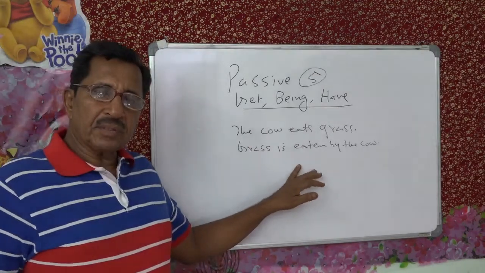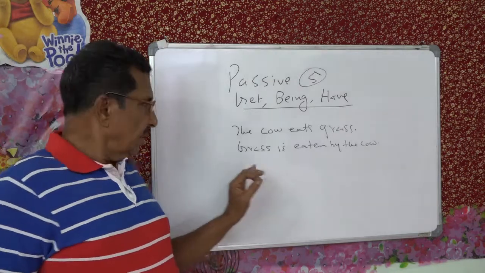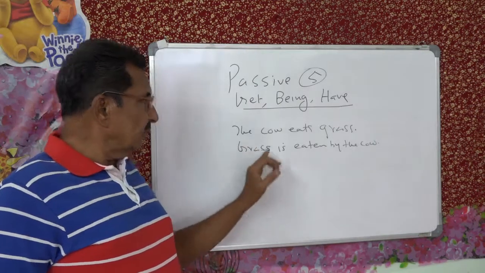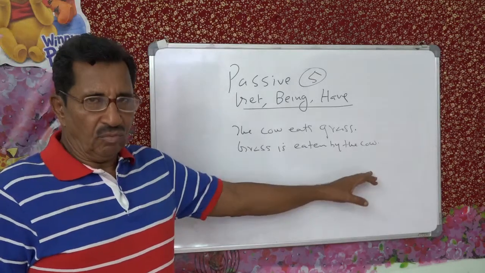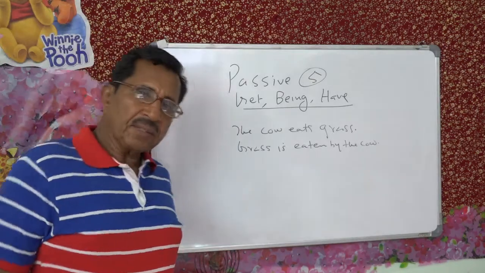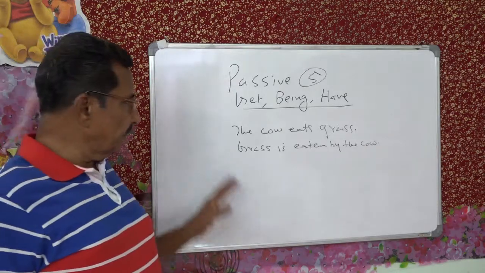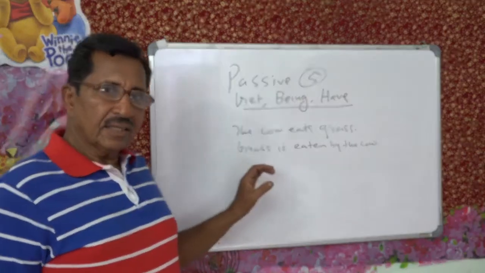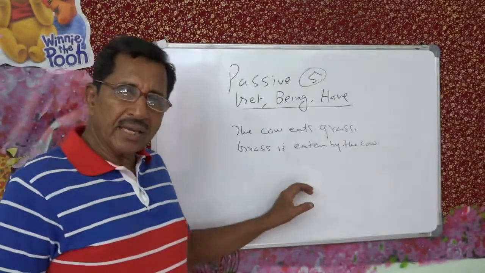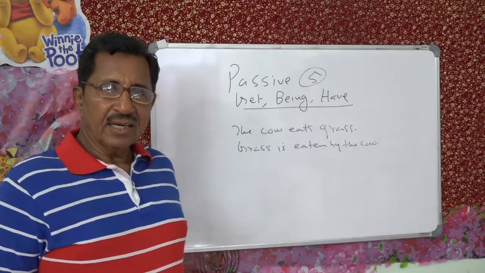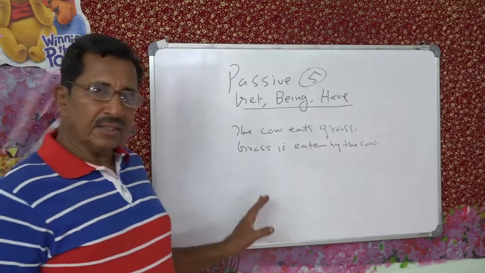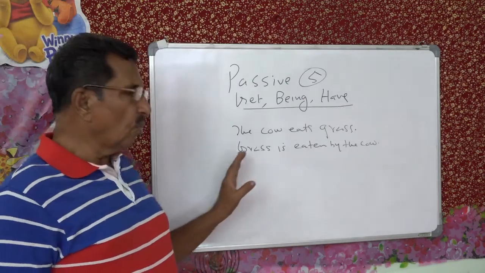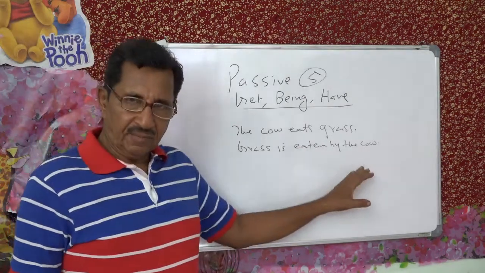If it is present continuous, it will be: grass is being eaten by the cow. Suppose it is present perfect tense, then you will say grass has been eaten. Suppose it is past tense, grass was eaten.